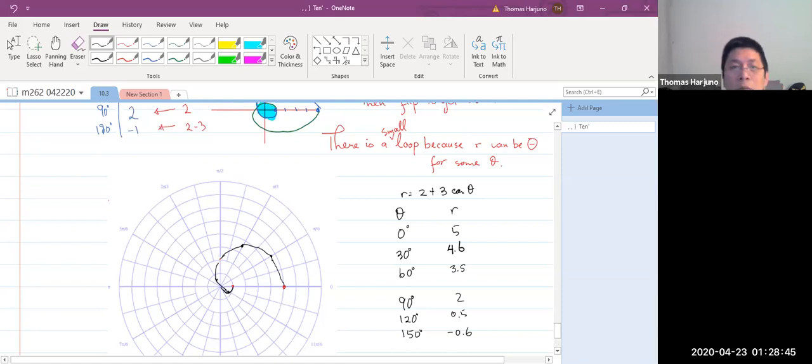See here? Then if we go on further, we flip whatever graph we have there, and we get this.